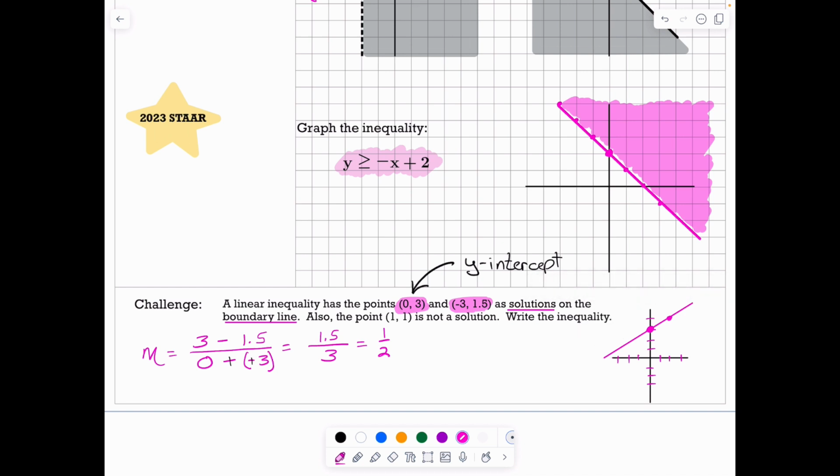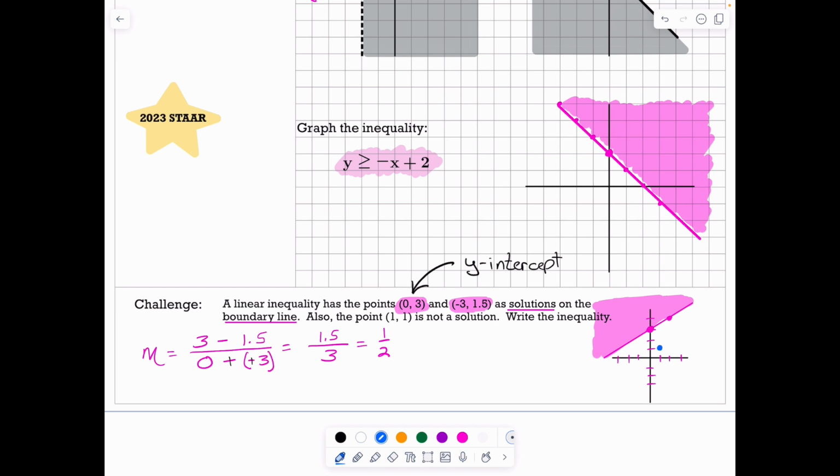And which way do I shade? Well, 1, 1 is not a solution. So this right here, not a solution. That means it cannot be in the shaded area. So that little clue right there tells me that I need to shade above that line, right?